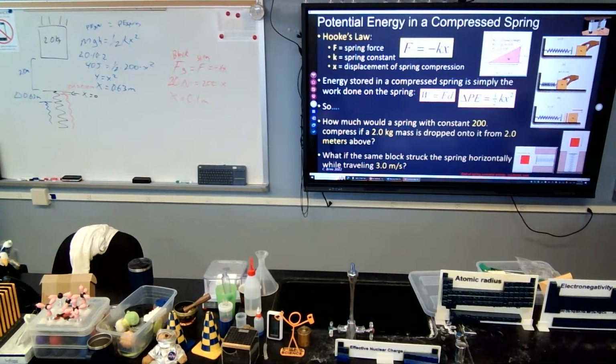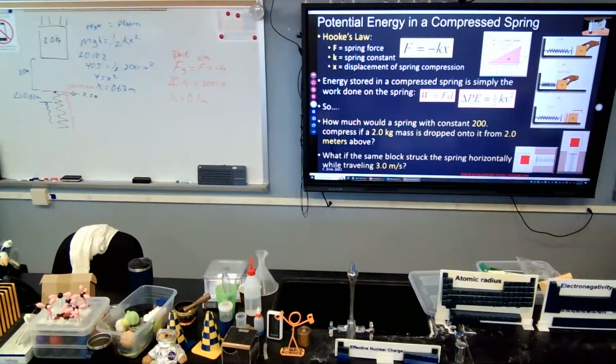So 1/2 mv squared equals 1/2 kx squared. m is still a 2 kilogram block, and now it's moving at 3 meters per second. So square it, and we got 18 joules of energy.